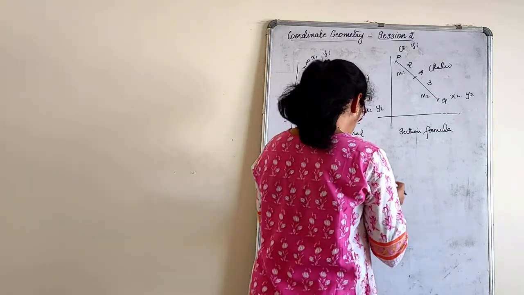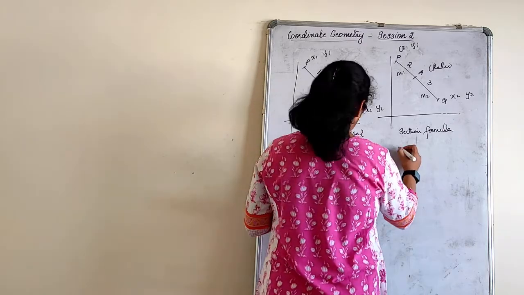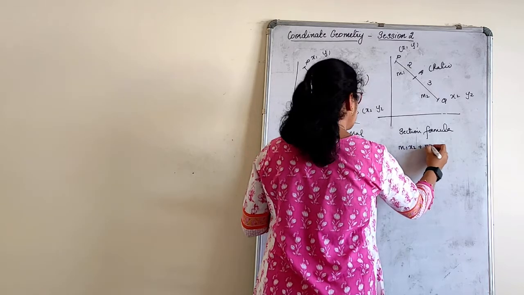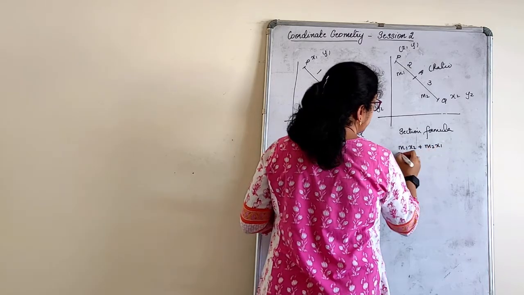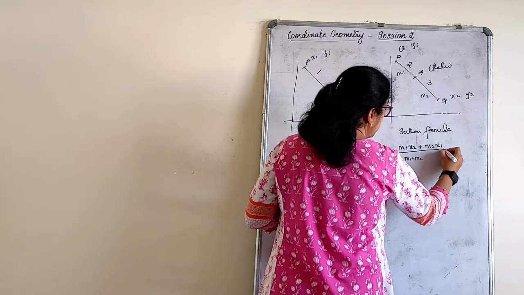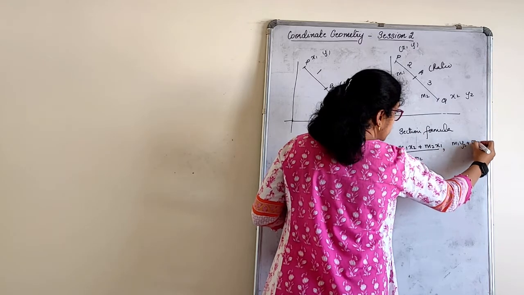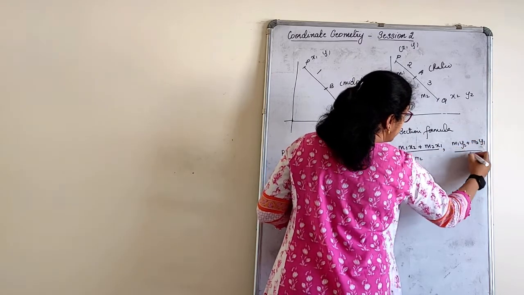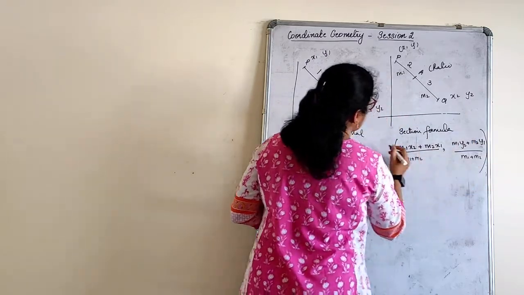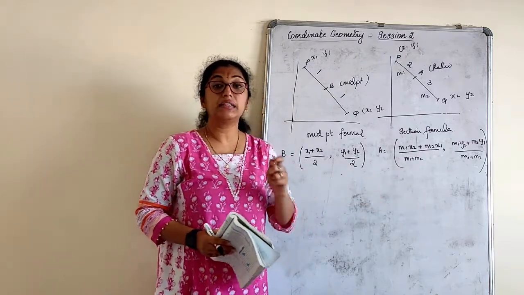The section formula is given in the form of (m1 x2 plus m2 x1) divided by (m1 plus m2), comma, (m1 y2 plus m2 y1) divided by (m1 plus m2), for point A, where m1 and m2 are the ratios given.